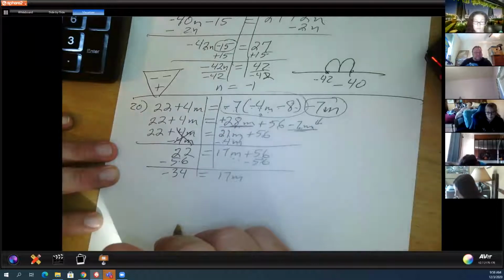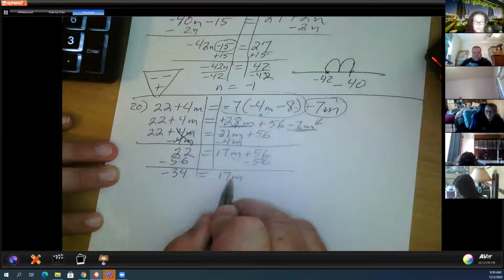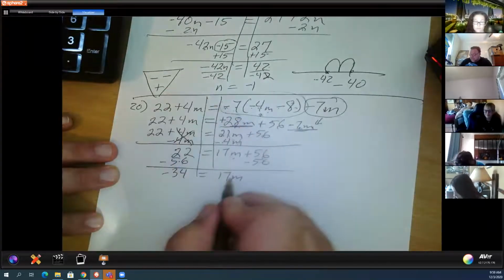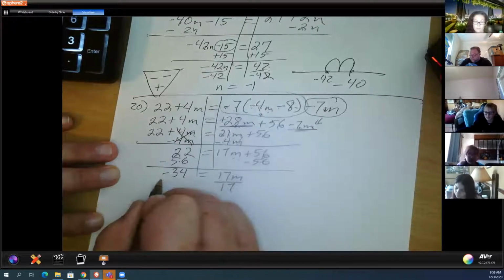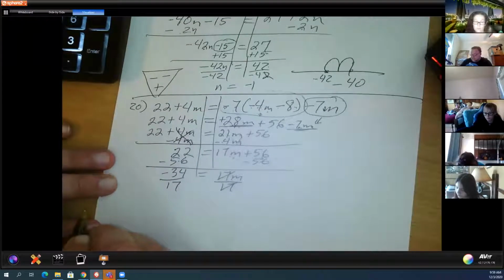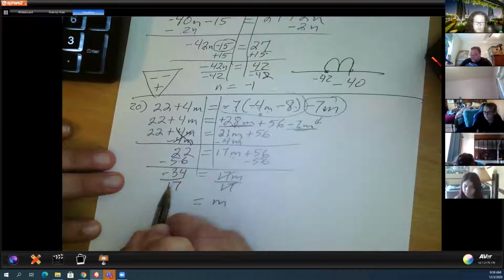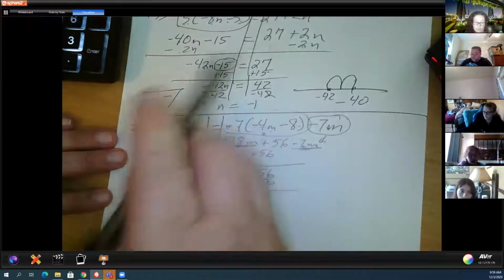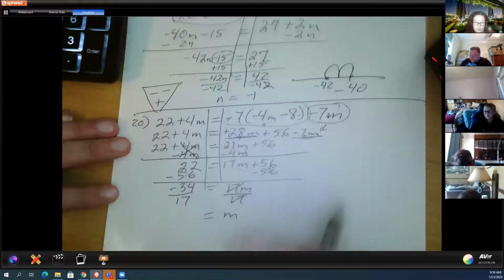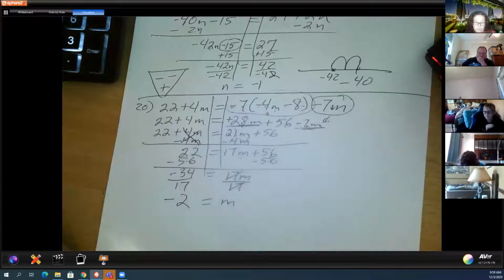Now, since this is multiplication, I unwork it using division. I divide by the number that's with the variable so that when I'm done with my division, the variable is all alone. Now, -34 divided by 17, dividing a negative and a positive, I'm going to get a negative, is going to give me a -2. And there's the answer to number 20.